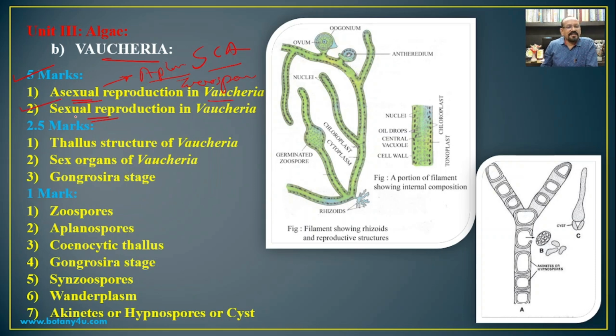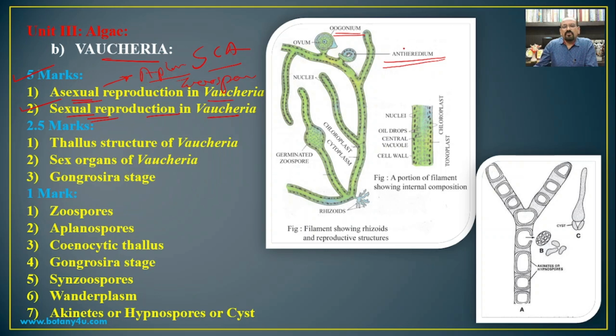In the second question, the sexual reproduction in Vaucheria, here you can see the male reproductive organ, that is the antheridium, and the female reproductive organ, that is the oogonia. They develop from the same thallus side by side in the case of the homothallic species or the monoecious species.